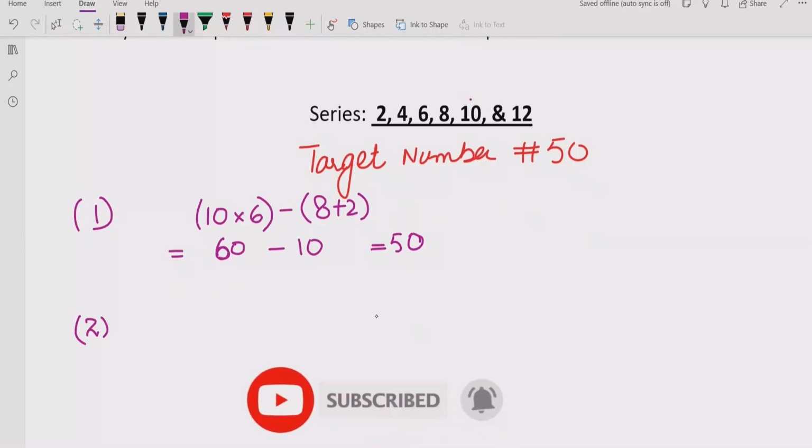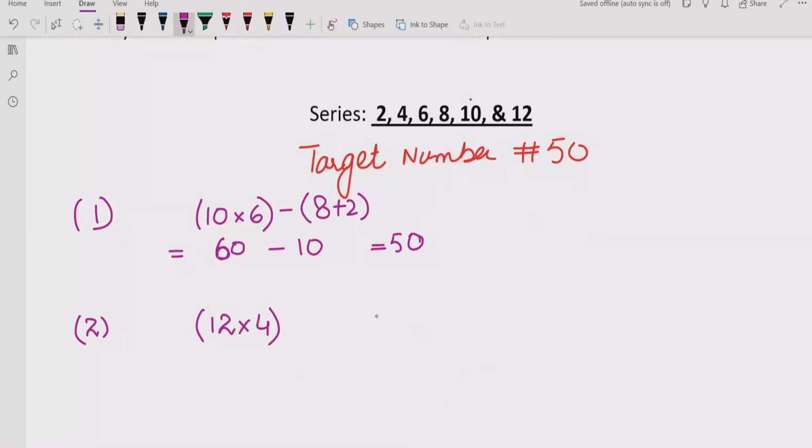Let's suppose we take 12 multiplied by 4. So 12 multiplied by 4 is 48. Now we have to get 2 and then add these two numbers to get the targeted number.